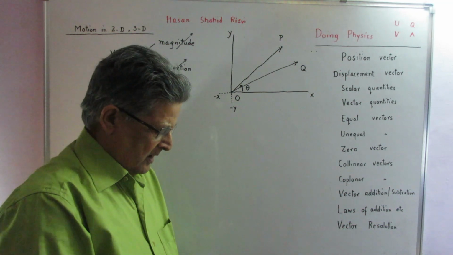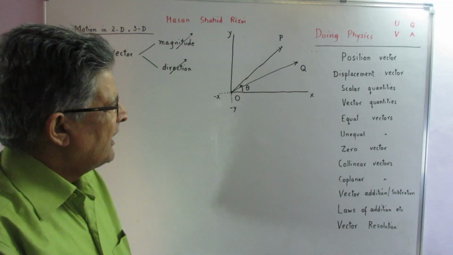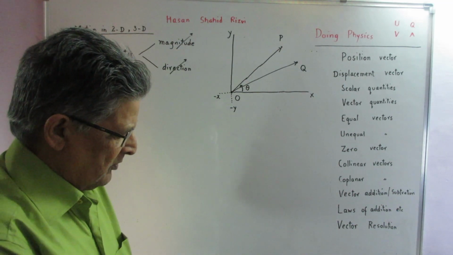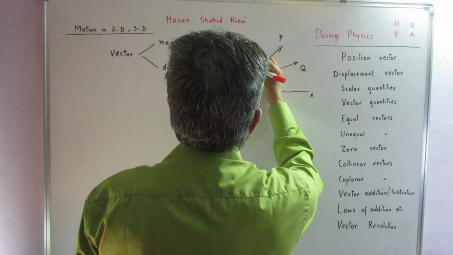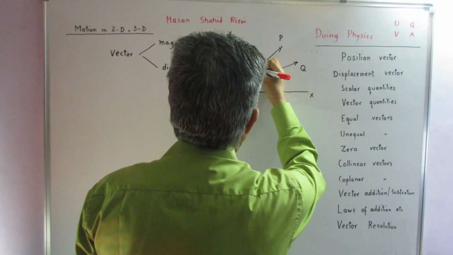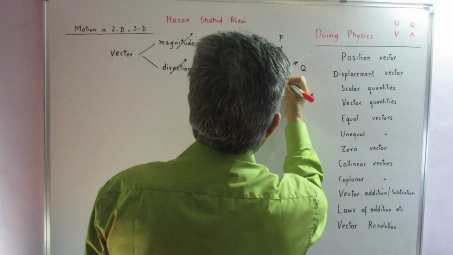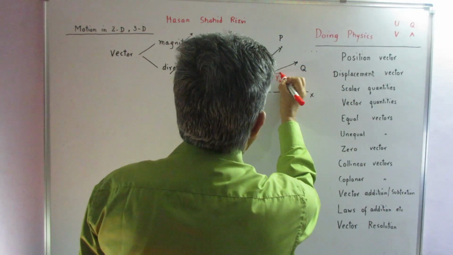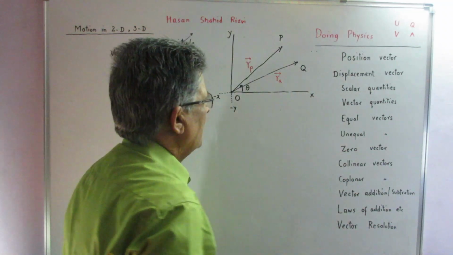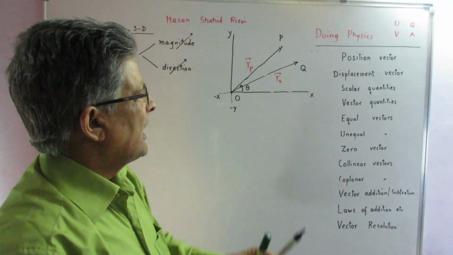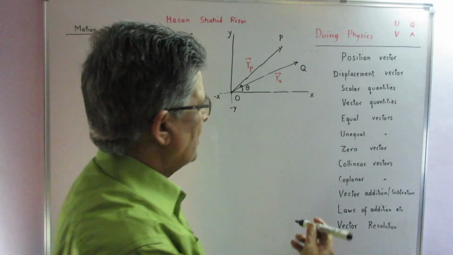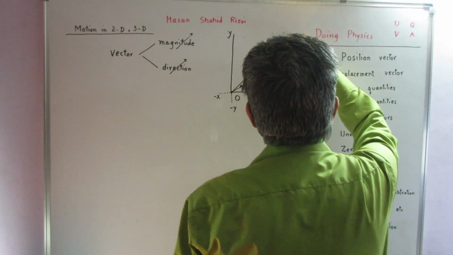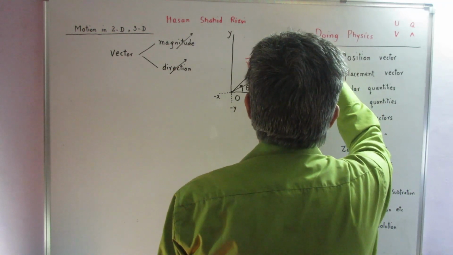Now I call this vector RP, and this I call vector RQ. Then if from the head of Q I draw a line to the head of P, I obtain a vector here which we can say is a vector delta R.